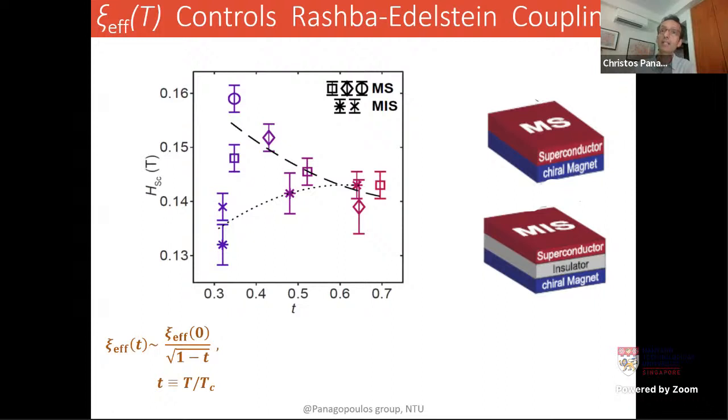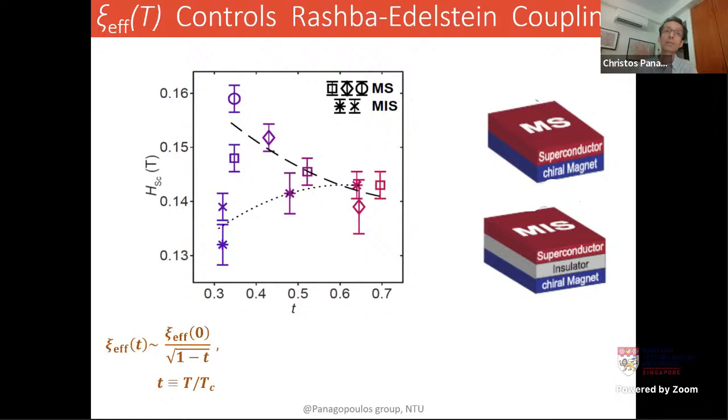That is, HSC rises as the effective superconducting coherence length drops in the MS heterostructures, that is, the heterostructures where the superconductor and the chiral magnet are directly in contact. On the other hand, the coupling is gradually reduced in the MIS heterostructures, those that have an insulating spacer separating the superconductor from the magnet.